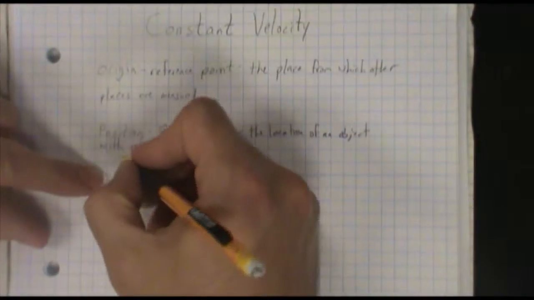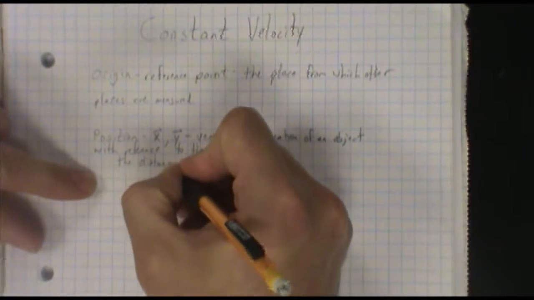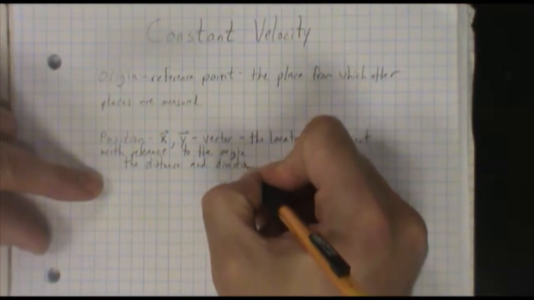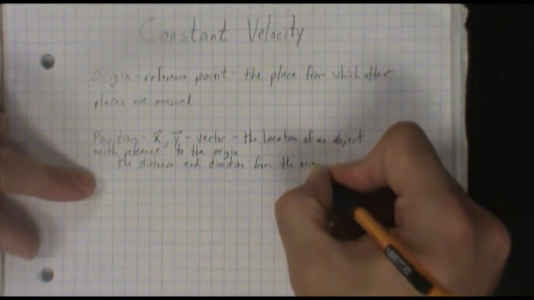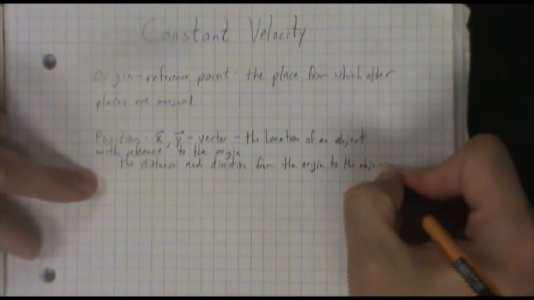It's really 2 things. It is the distance and direction from the origin to the object. Let me draw you a picture.